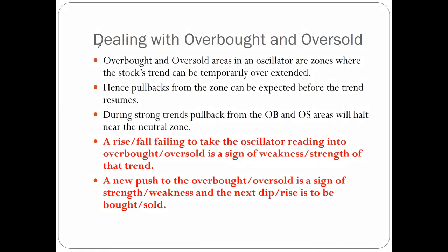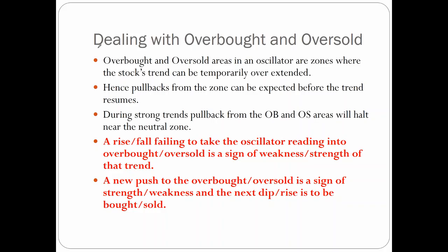So how to deal with it, as I have told you, overbought and oversold levels generally do not tell us that the market has changed the trend. It does not tell us that once the market reaches 70, the trend has changed.